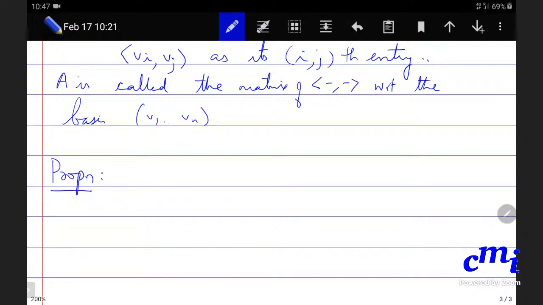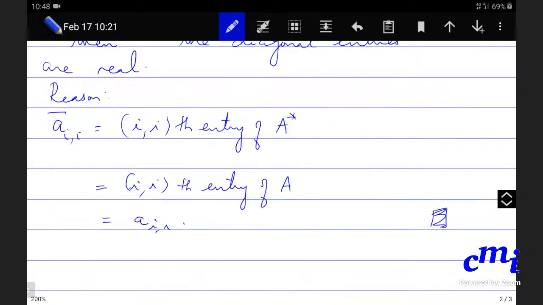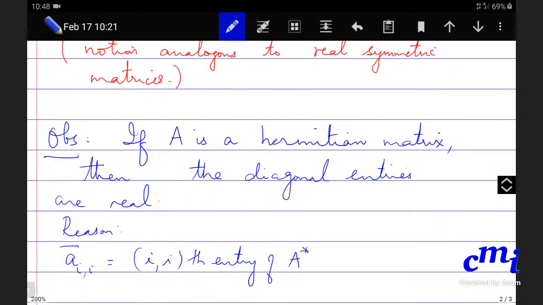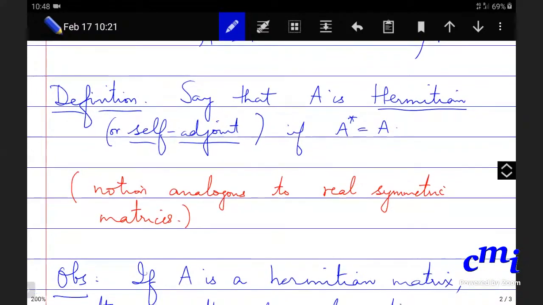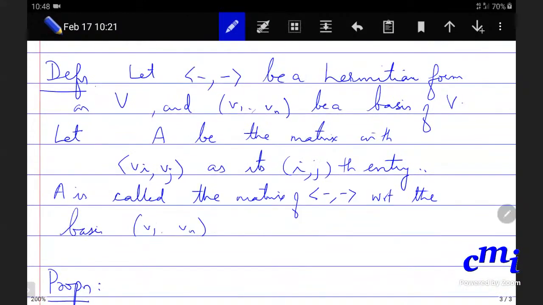So we haven't actually... Sorry, just a minute. What did we say? Yeah, so we talked about Hermitian matrices. From the definition, this matrix here is a Hermitian matrix.